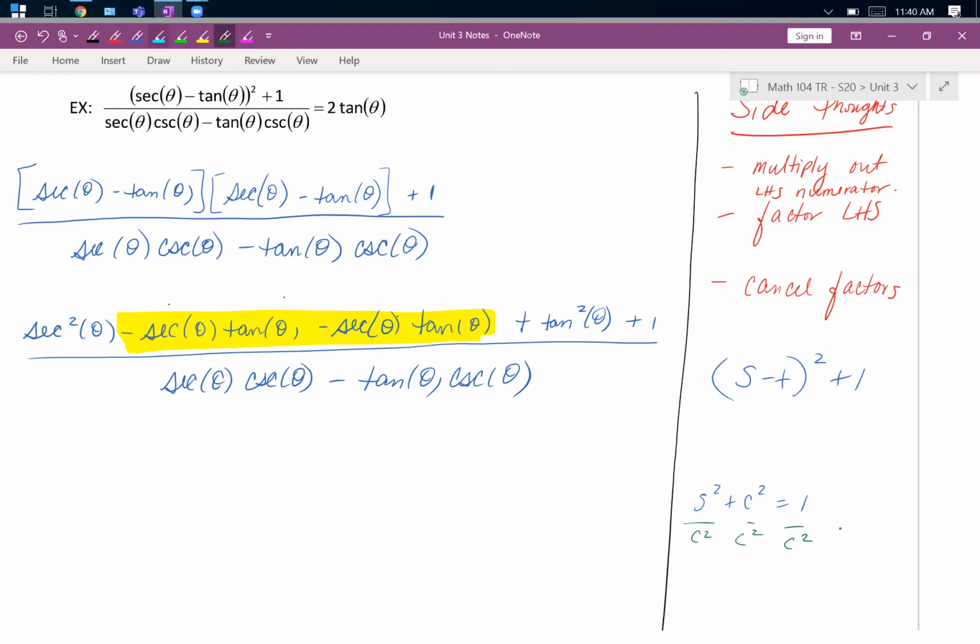That gives us the Pythagorean identity tangent squared plus 1 equals secant squared. Well, notice what we have right here, tangent squared plus 1. We could substitute a secant squared in for that. So we want to do both those moves.